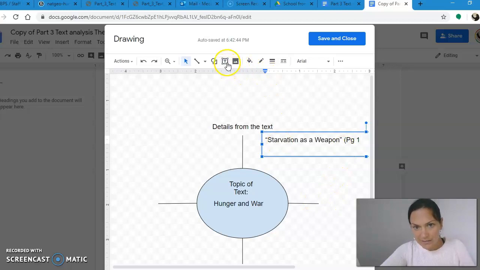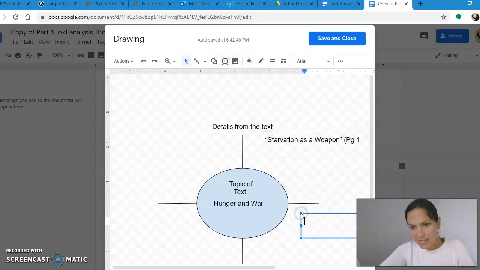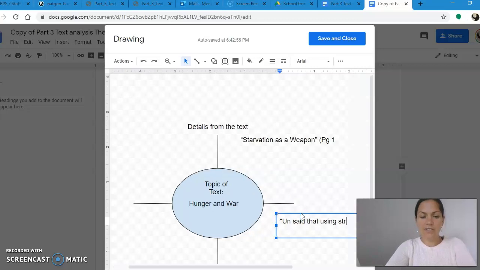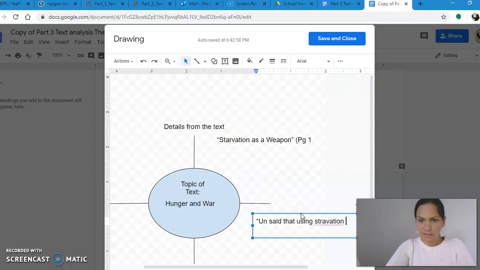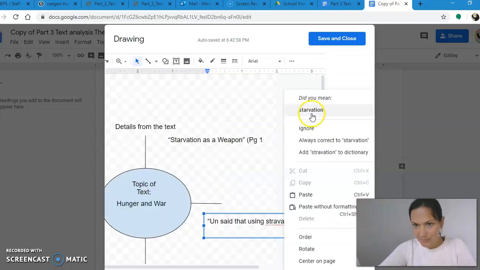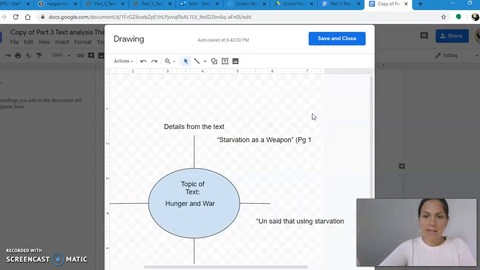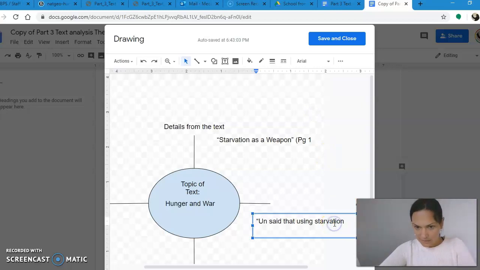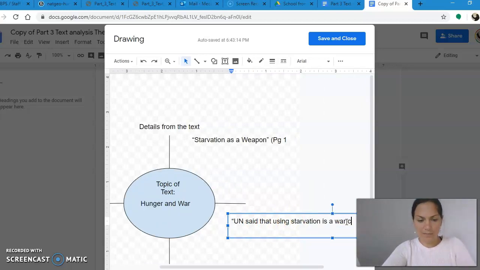And then here, I am going to say that the UN said that using starvation, oops, typo, this should be capital, is a war crime.